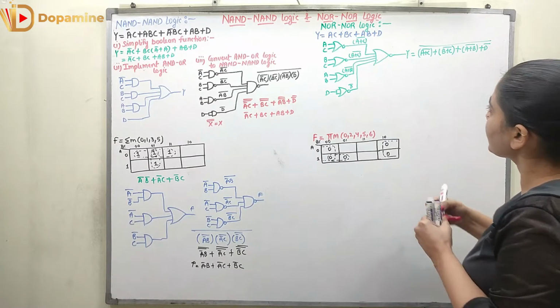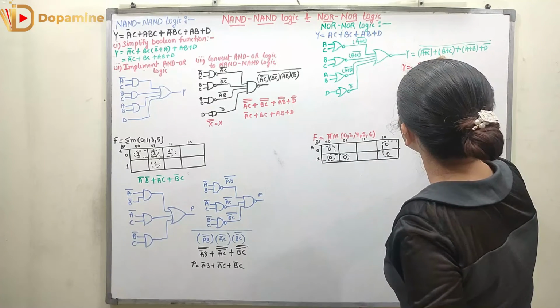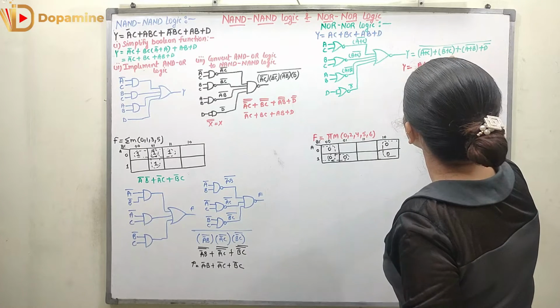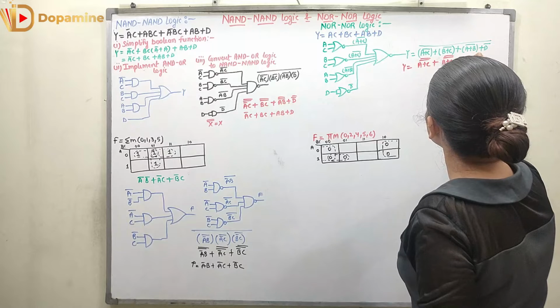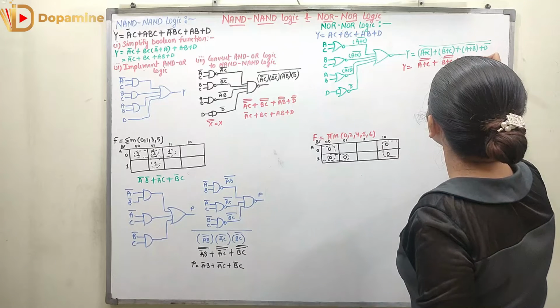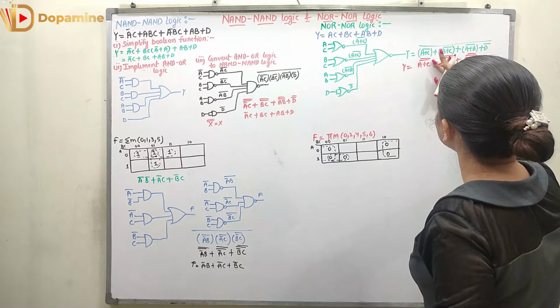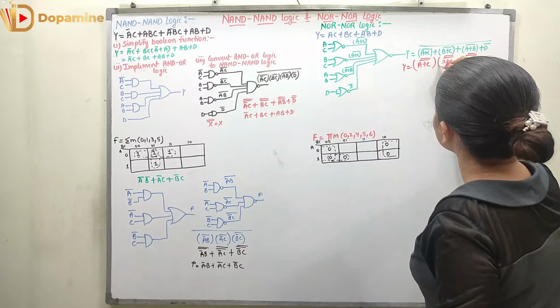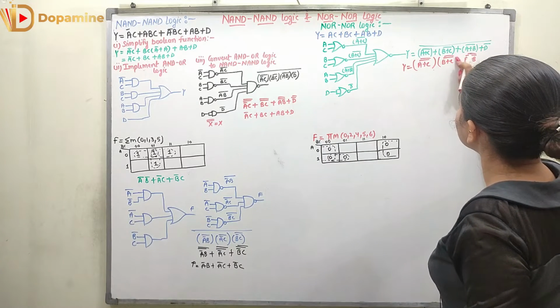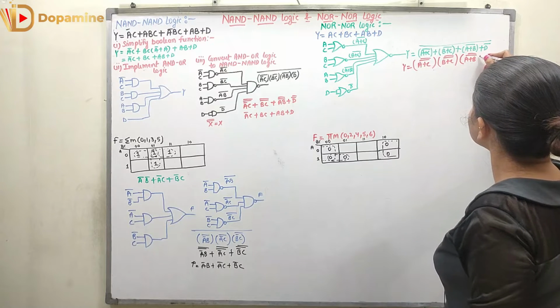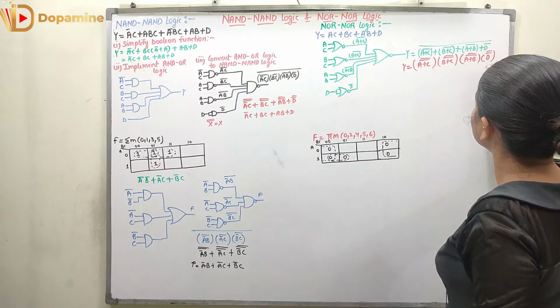So now again I can apply De Morgan's law. Y will be equal to (A plus C) double complement, plus (B plus C) double complement, plus (A plus B) double complement. So here not plus, we have the multiplication, because now we are applying De Morgan's law. This plus is converted into multiplication, right? (A plus B) double complement multiplied with D double complement.